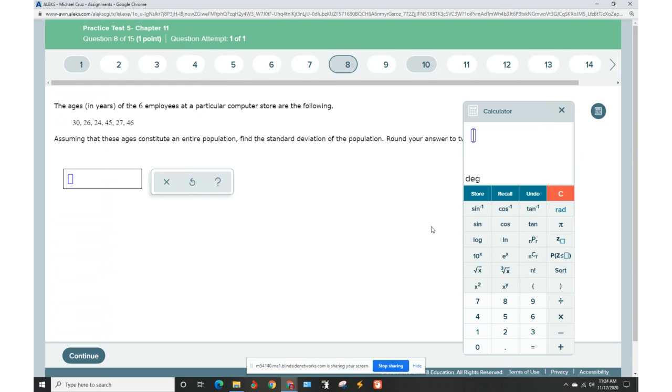But anyway, it was the square root of 488 divided by 6. So that gives us 9.02.